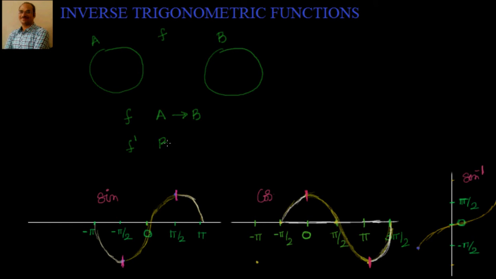If it exists, it will go from B to A, and the inverse will exist only if F is a bijection, or it is 1-1 and also an onto function. What exactly is the meaning of that?